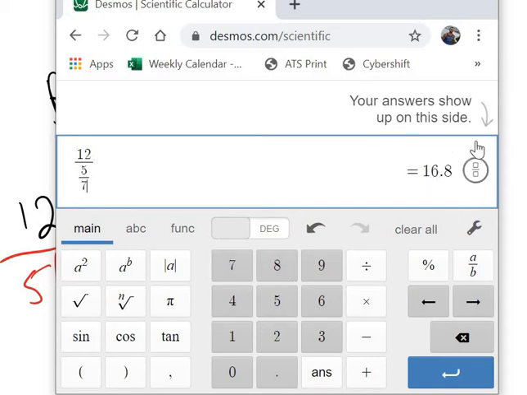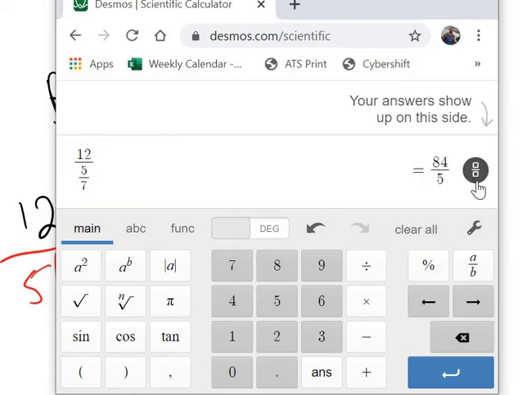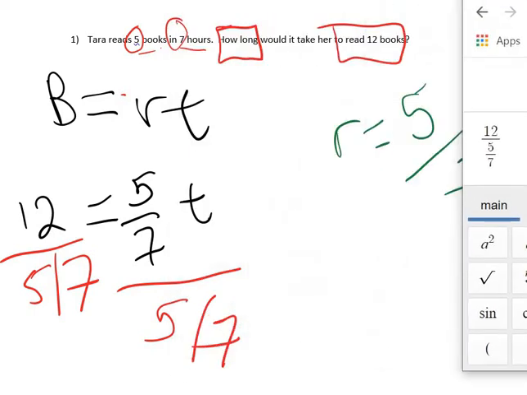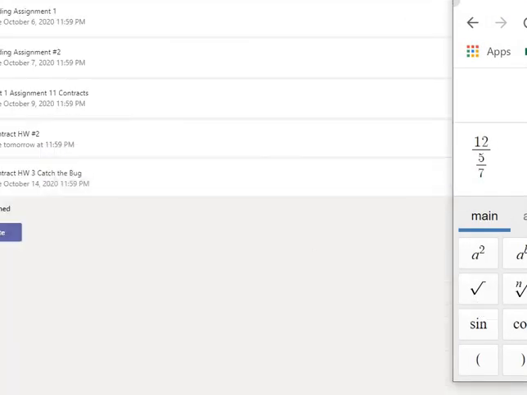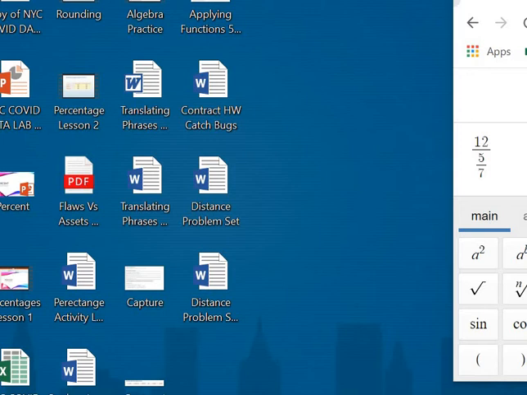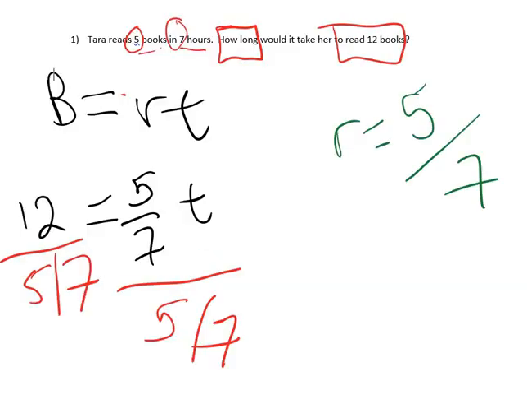And so it's going to take her 16.8 hours.